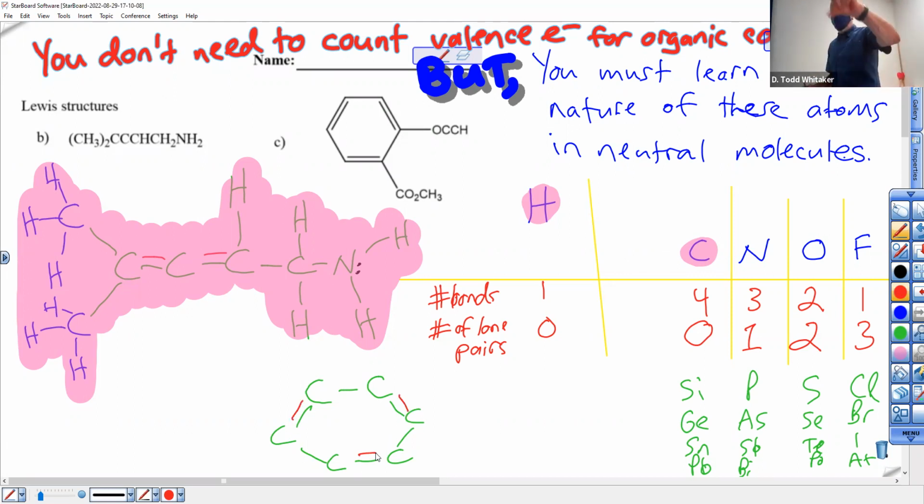And another thing that I didn't tell you yet is that in stick figures, you're allowed to omit only one type of atom. And what type of atom is it? The answer is not just hydrogen. Yes, the hydrogens on the carbons are missing, but those are the only hydrogens that are allowed to be missing. Hydrogens attached to carbon are understood.